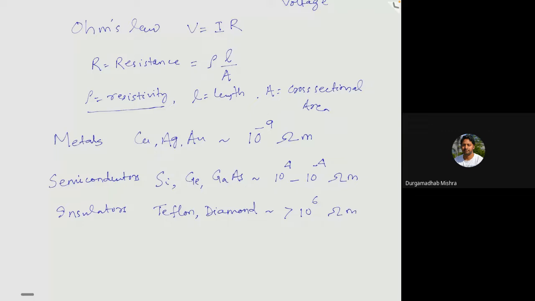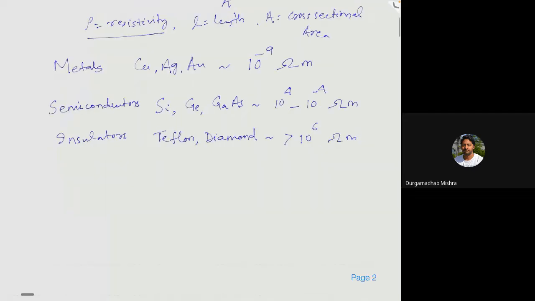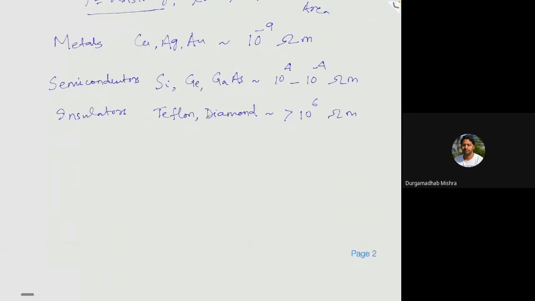So these are typical values based on which you can distinguish whether the material will conduct electricity or not. However, it is not only the absolute values that you look at, but also the temperature dependence of the resistivity.